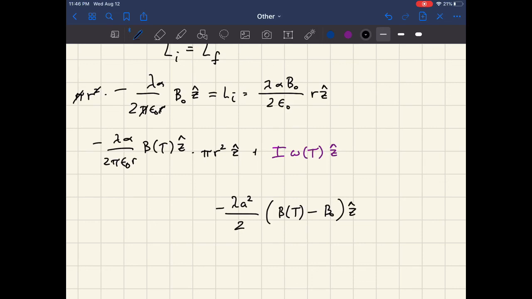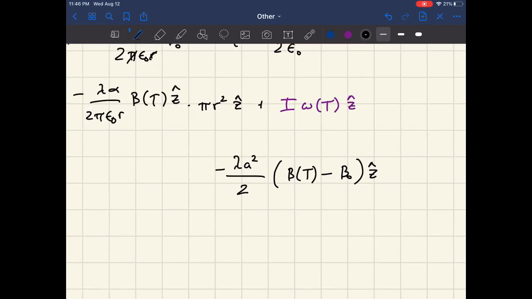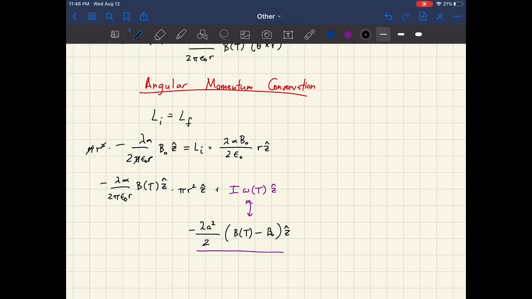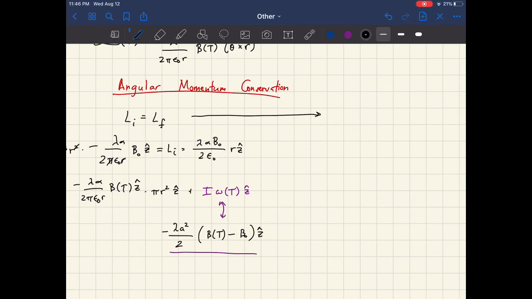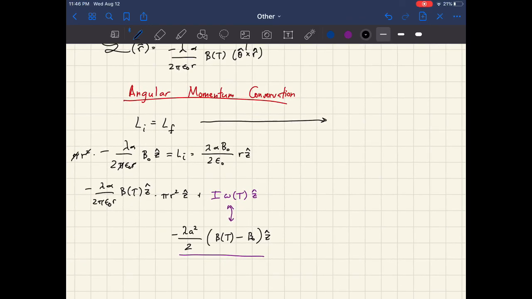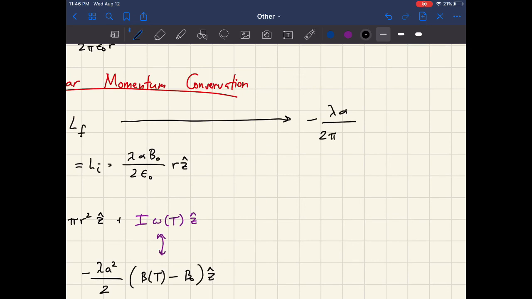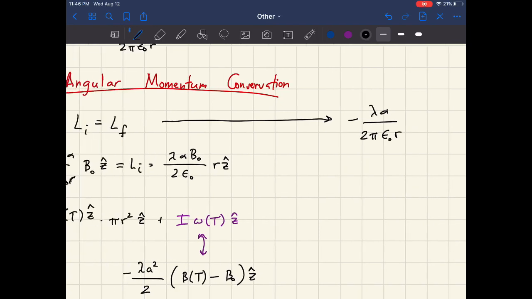All right, well, there you have it. Now we're just going to simplify everything. These two are equivalent, and so now we simplify everything to find our alpha. Combining everything, this gives you negative lambda alpha over 2 pi epsilon naught r.